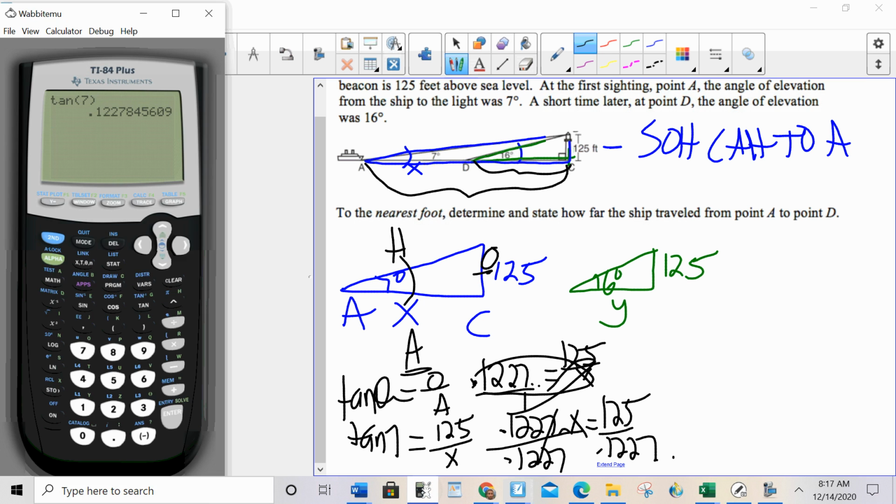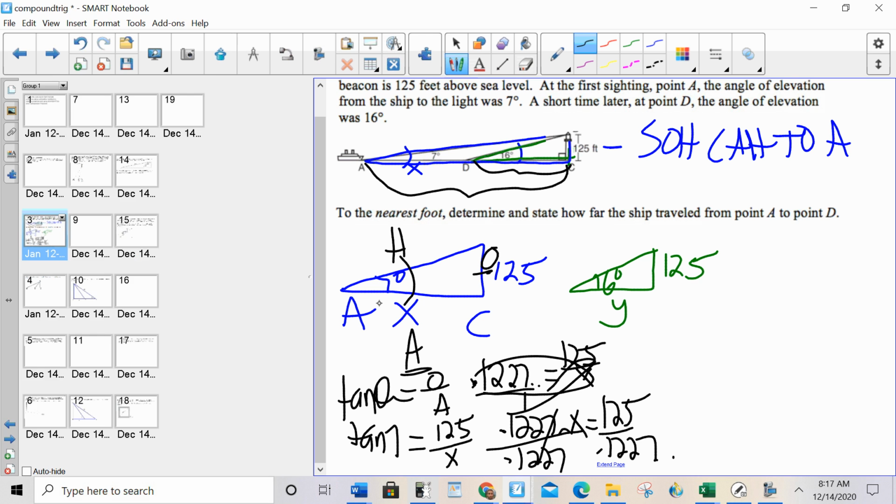So I'm going to do 125 divided by, and I'm going to copy and paste that. 1018. I'm not going to round that either. I'm just going to put 1018 dot dot dot. Now I want you to do the same procedure for the green triangle. So why don't you pause it, do the same procedure for the green triangle, then unpause it.